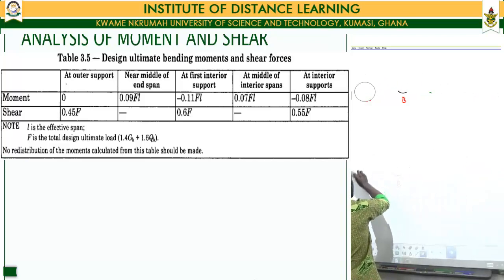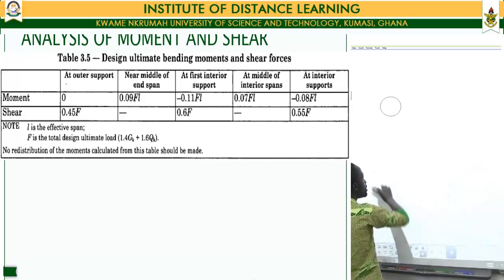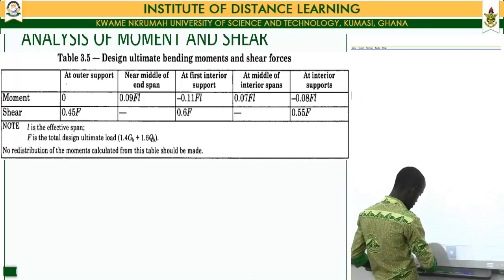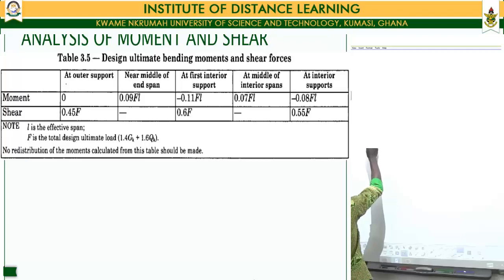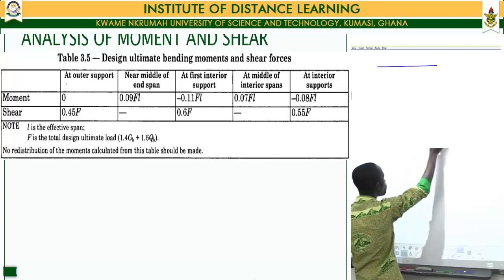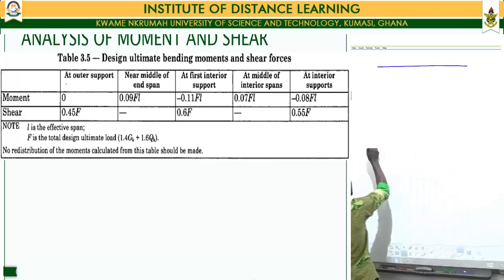So having known what the various columns refer to, we'll now move ahead and apply it to determine the moment in our section. Now, if we take the beam that we are designing for, section wise, this is how our beam would look.